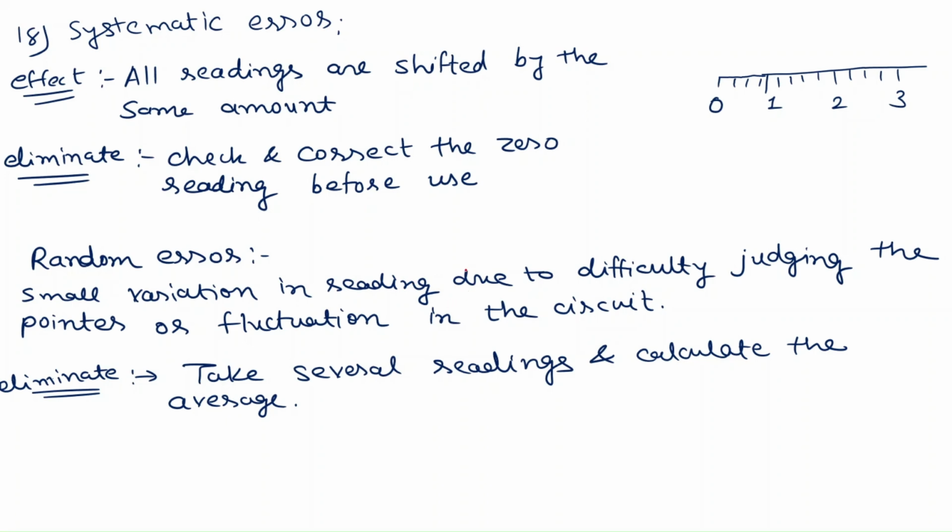And sometimes there will be a fluctuation in the circuit. When there is a leakage current or some instrument does not work properly, there is a fluctuation. Okay, it is also a reason for random error. And this is all about systematic and random error.